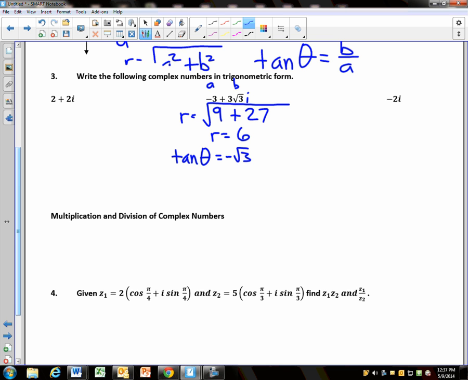Am I talking about the second quadrant here or the fourth quadrant? Second quadrant, because you're back 3 and up 3 roots of 3. So therefore, second quadrant. Where is tangent equal to negative root of 3? At 120, which is also 2 pi over 3.